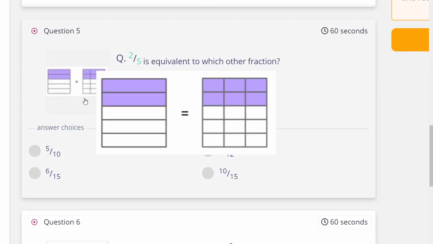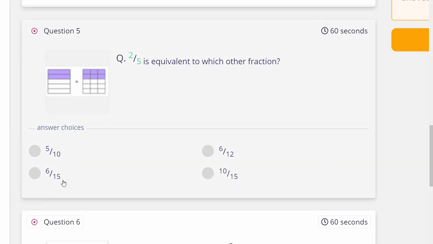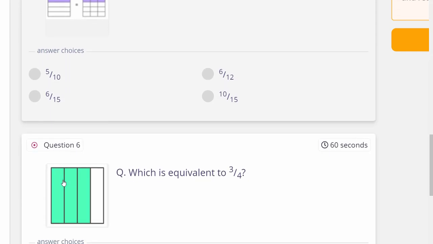And for the next question, my heroes, 2/5, as you can see, we are just counting. 2/5 is equal to 6/15. So the correct choice is 6/15. Just counting. And why they are equivalent? Because they have the same shaded part of the whole.